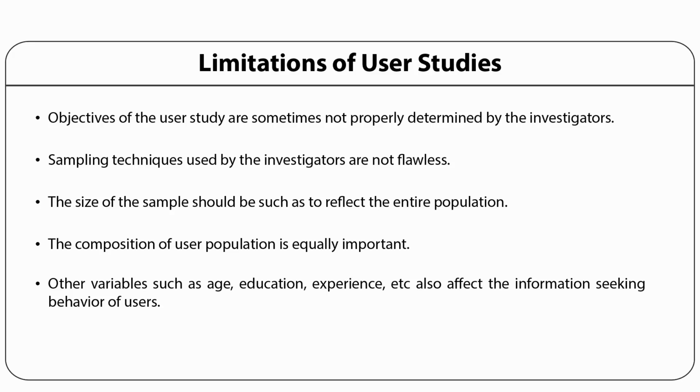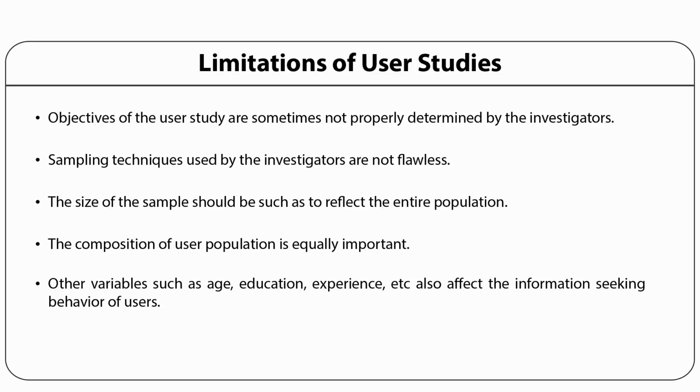These include the age of the users. On the one hand, from the public library point of view, there could be school-going children. On the other hand, there will be a housewife or a retired person. The education of users is another variable which should be taken care of.